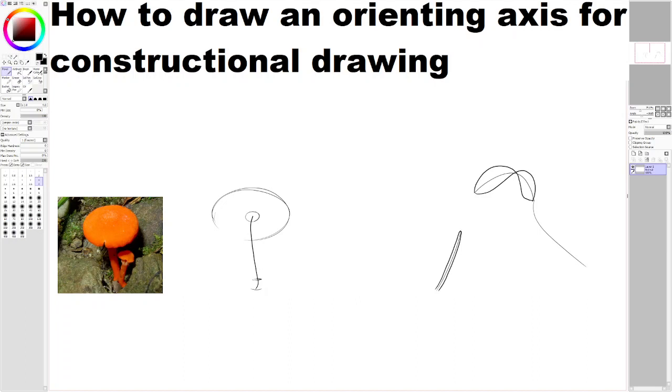I'm trying to ghost my ellipses before I draw them. Okay, so we have this.